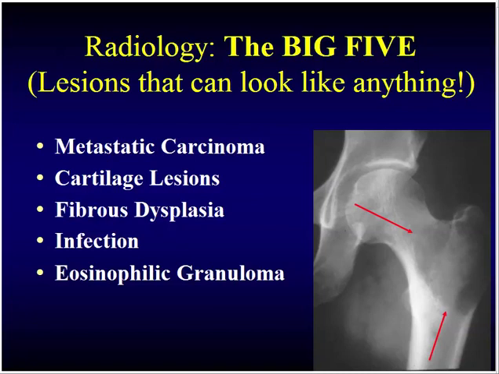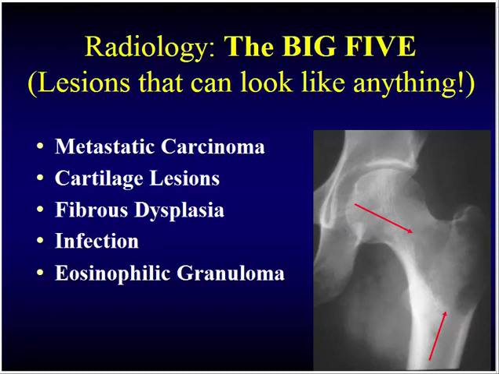You can walk up, and if you don't have the faintest idea, look at it very carefully and make some comment about, okay, it's a mature person, proximal femur. It looks geographic, not well marginated, Lodwick 1C, blah, blah, blah. And everybody's going, oh God, he's really smart. Then you can say, well, I think it could be metastatic carcinoma, cartilage lesion, fibrous lesion, infection, or EG. It's one of those 5.